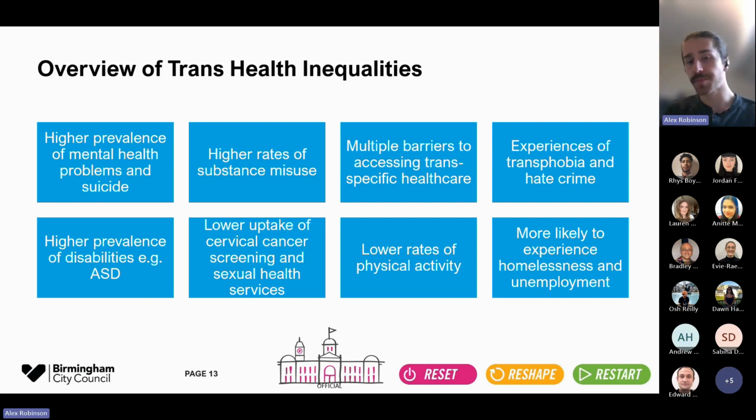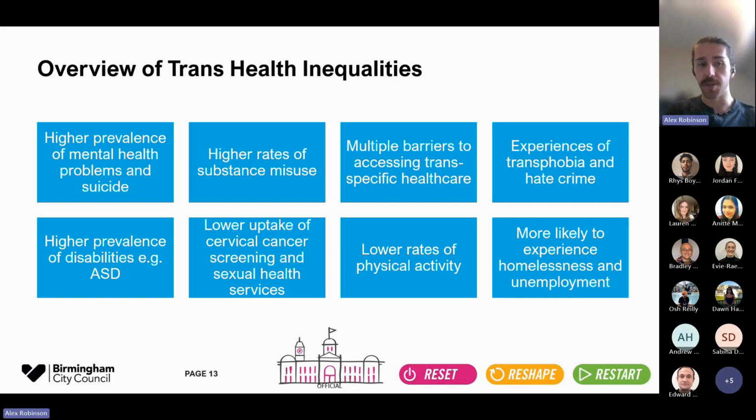That's in one study. But only 36% had actually accessed mental health services in the last 12 months as well. Young trans people aged 16 to 25 are at a significantly higher risk of suicide, and 25% had attempted suicide in the last year.